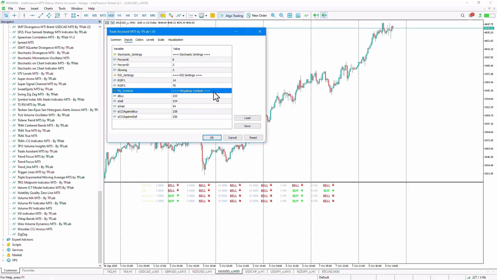In the subsequent section, you are able to configure the specific trading symbols that will be used for the clear display of various signals.